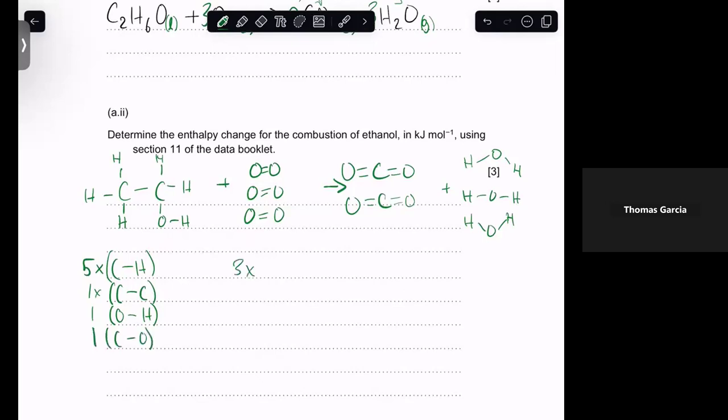I have 3 O double bond O. I have 4 C double bond O. And I have 6 O single bond H.